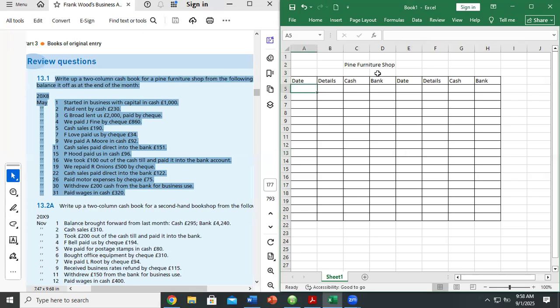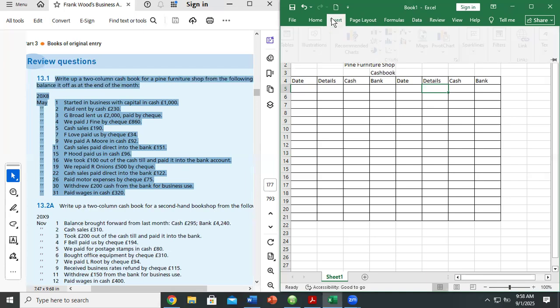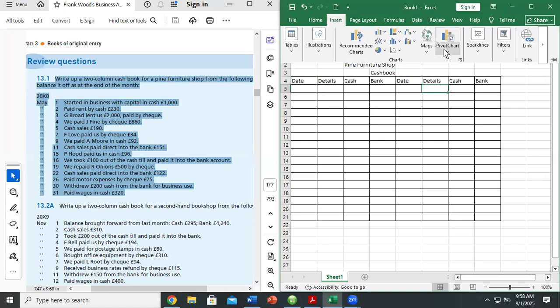So we begin. Let me put the title, the cash book. So the first transaction was started business with capital in cash, 1,000 pounds. So professors, what do we do? Please, the currency is also very important. So do well to insert your currencies as and when necessary.